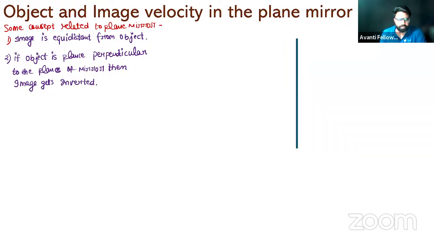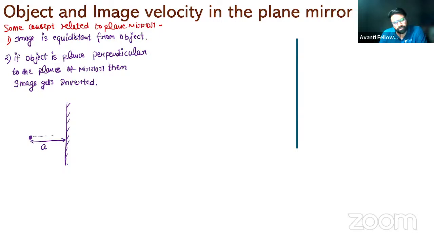Okay, for example, let's say this is the plane mirror and we have an object at this point, and this object is at a distance a from the plane mirror. You always have to measure the perpendicular distance, the line connecting perpendicularly the point and the image.